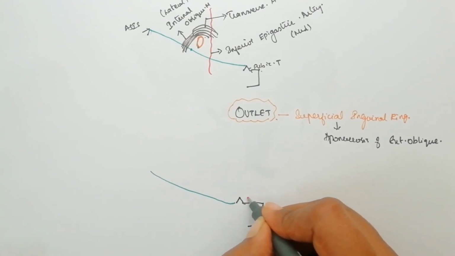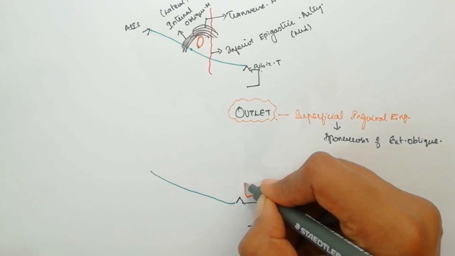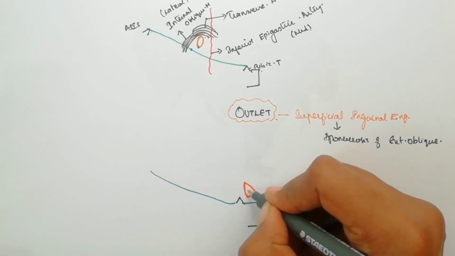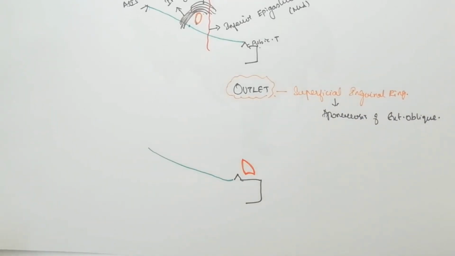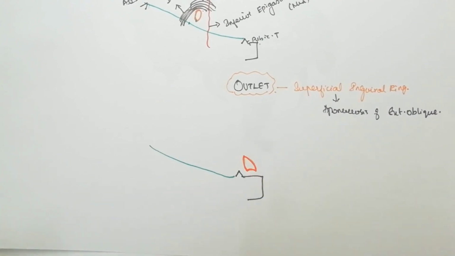Just above the pubic crest we have the base of the superficial inguinal ring, and it is triangular in shape. So this is the superficial inguinal ring, which is triangular in shape, and here it is bounded below, that is the base, by the pubic crest.